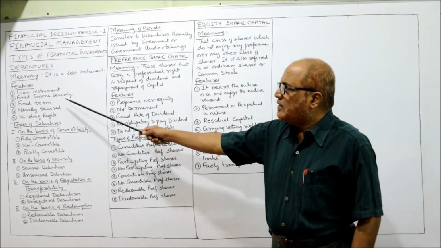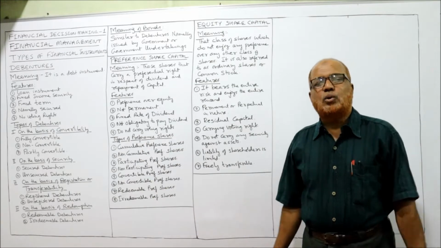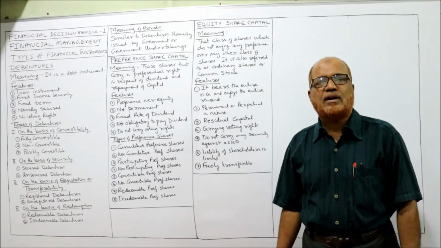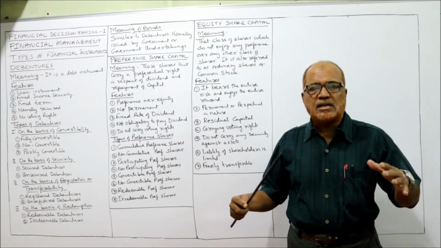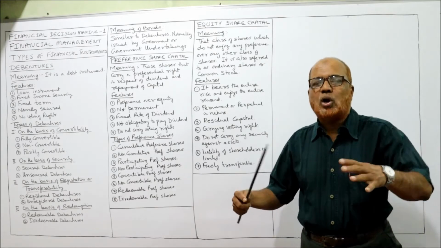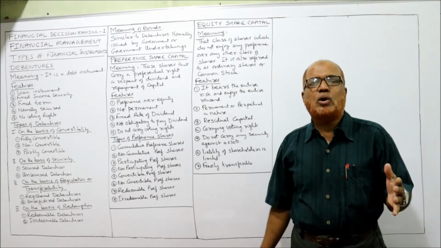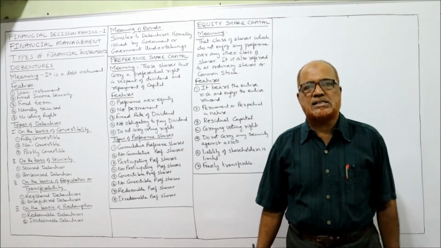The next one is normally secured. When debentures are issued, they will be issued on the security of some assets of the company. That is called secured debentures. But theoretically, unsecured debentures are also there, which do not have any security. But normally, debentures are issued on the security of some specific assets or on all the assets.